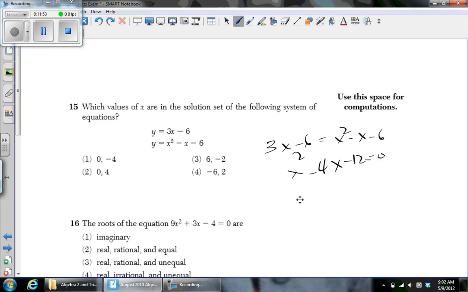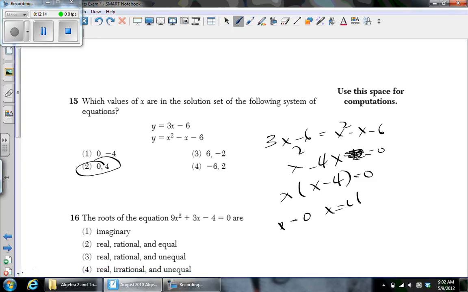So therefore x equals 0, and x equals 4. Alright, let's stop here.